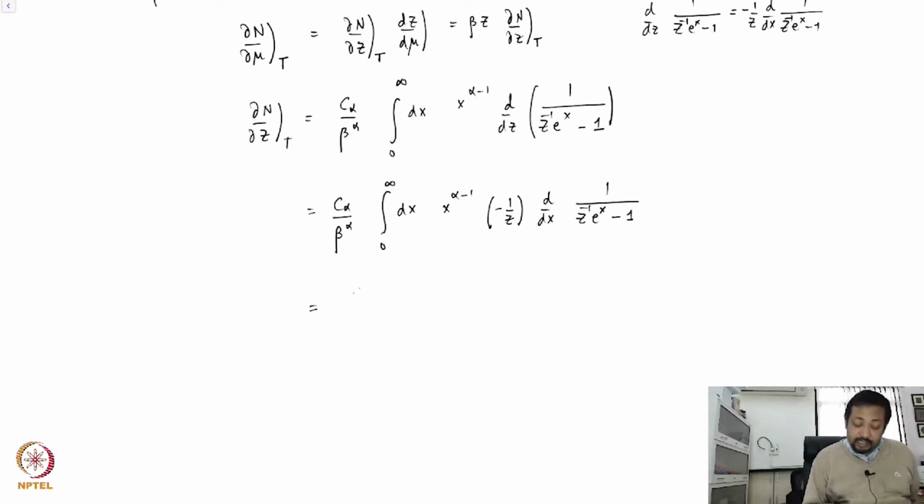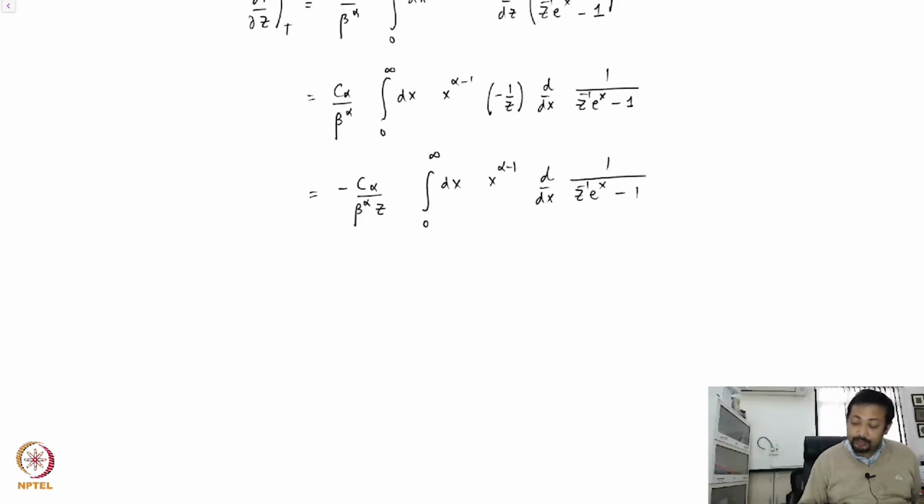The minus 1 by z I can bring out. C_α β^α divided by z, ∫ from 0 to infinity dx x^(α-1) d/dx of 1 over (z⁻¹ e^x - 1).